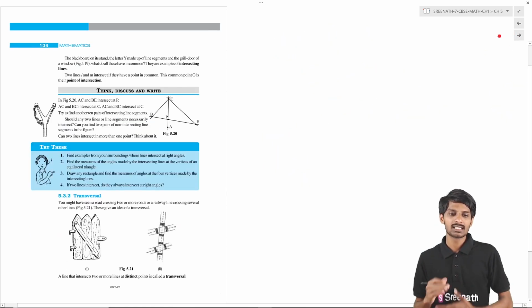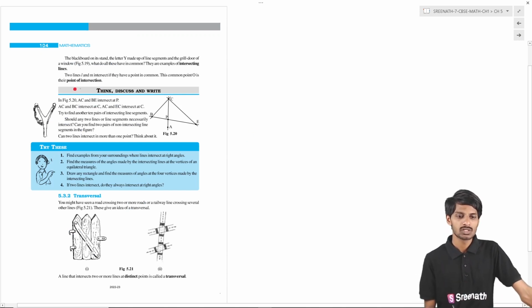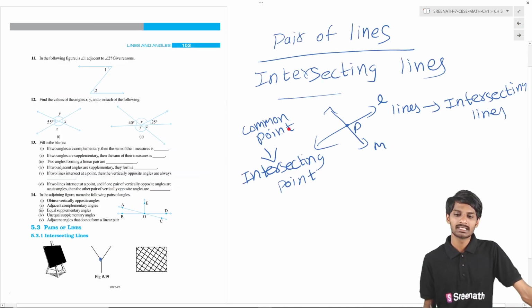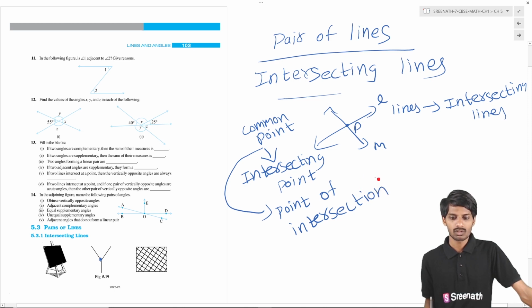Those are examples of intersecting lines. The common point is called the intersecting point, or another name is point of intersection. Point of intersection, students.